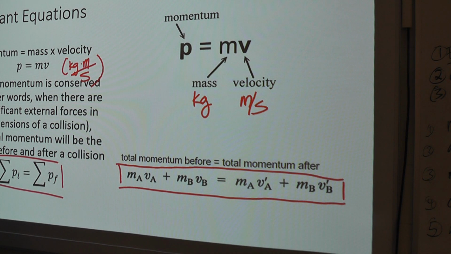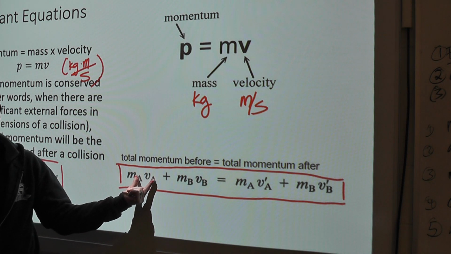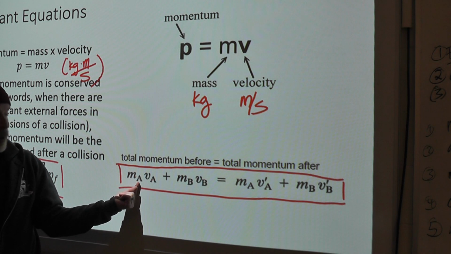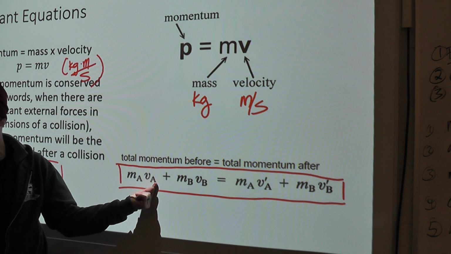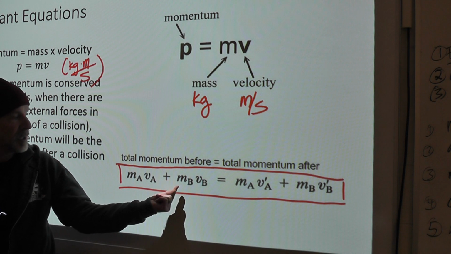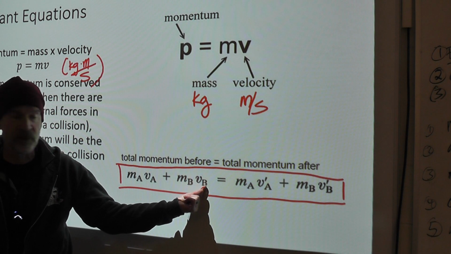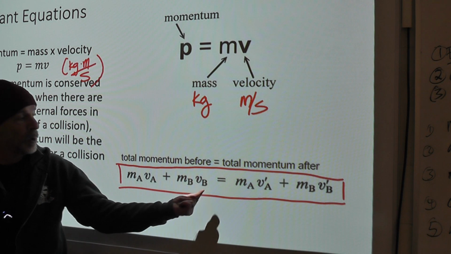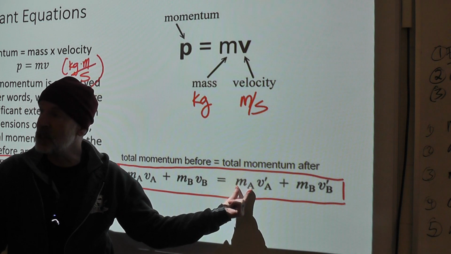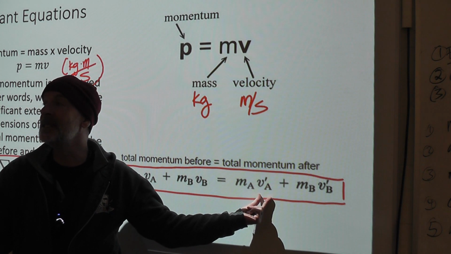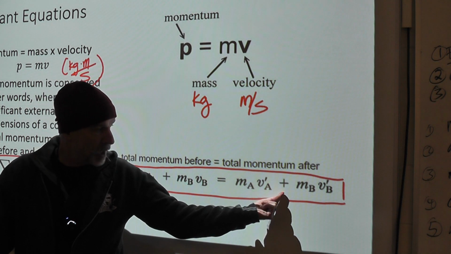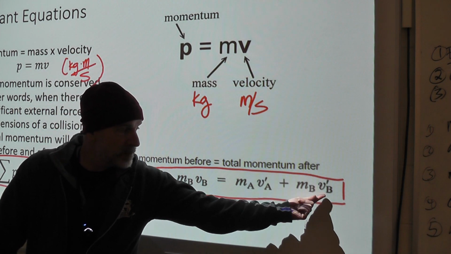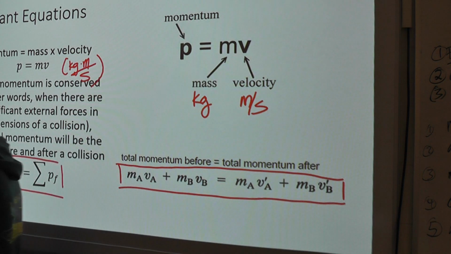It's not super critical right now, but effectively what this says is the mass of one object times its velocity at some earlier time, plus the mass of a second object times its velocity at some earlier time, will equal the mass of the first object times its velocity at some later time, plus the mass of the other object times its velocity at some later time.